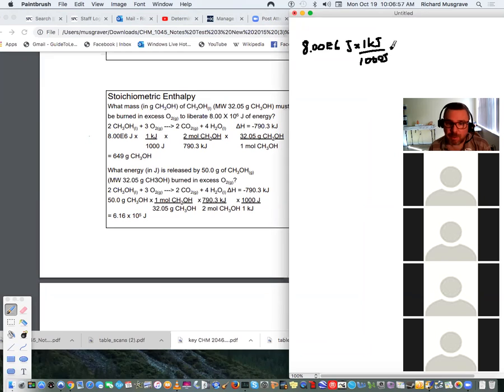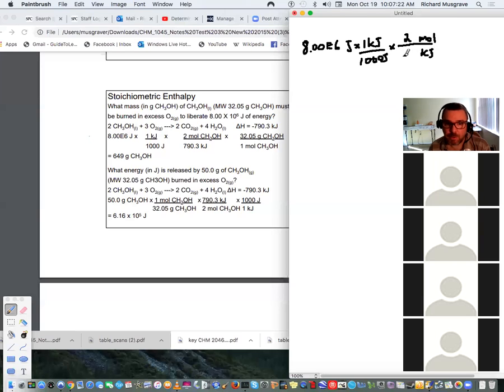The centerpiece of the problem is the stoichiometry, because we know that 2 moles of methanol are required to produce the amount of energy given at the end of the reaction. Remember, you are given this reaction. This is not something you have to figure out. So to make it cancel, kilojoules have to be on the bottom, and moles have to be on top, and that'll eventually give us grams.